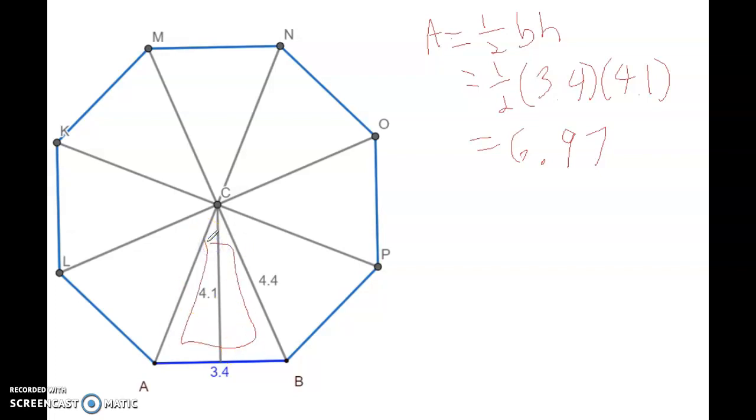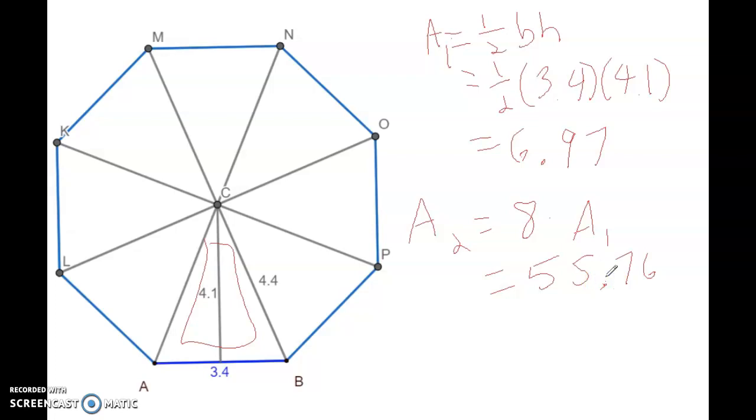To find the area of the whole octagon, let's call that A2, call this A1. That would simply be 8 times A1, which would be 6.97 times 8, which is 55.76.